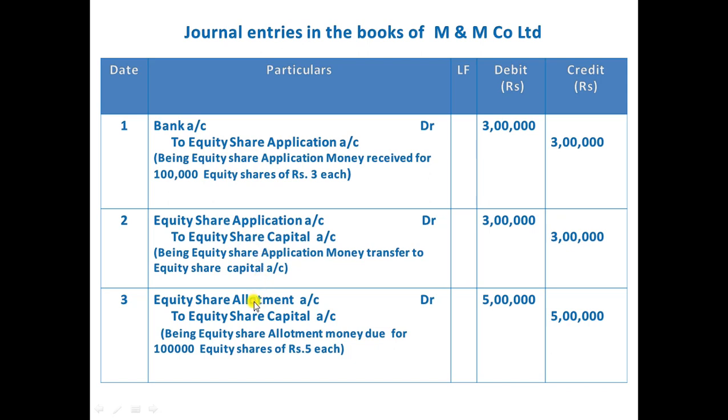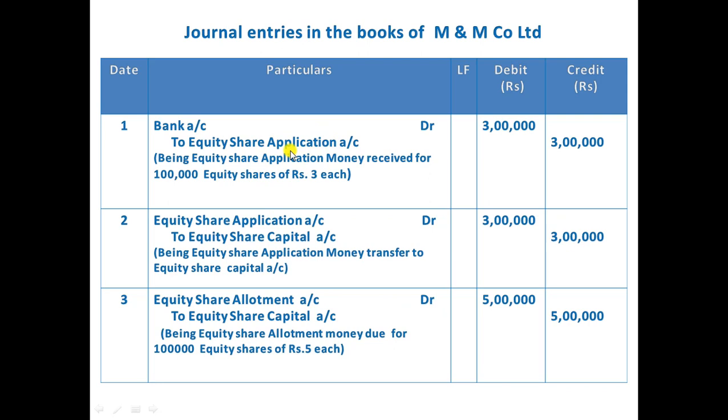But from the second installment onwards, what does the company do? The company transfers the money to capital as allotment due, then the company receives the money from the shareholders. The reason is, in the first installment the company doesn't know who the shareholders are, so the company first receives money as application, then transfers.